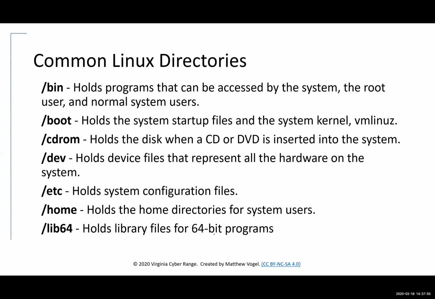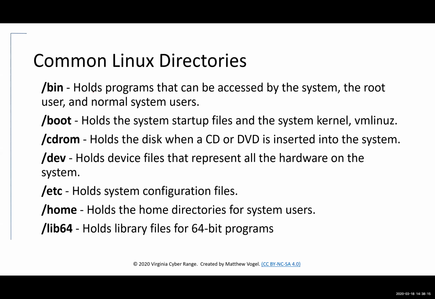Common Linux directories, some of these are relevant, some of them really aren't. I'll go through this very quickly because at this point in your investigation of the Linux file system this isn't super important, but it is helpful to understand that each of these different kinds of directories is there for a specific reason.